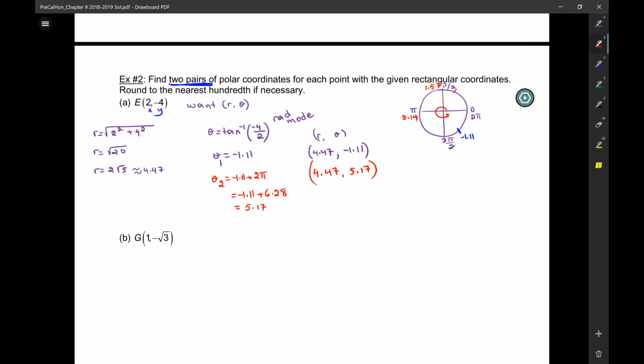So you see how I landed in the same spot. Cool? This is why we did all that stuff in section 1. You can make r negative, but add pi, and so on and so forth. Because I asked for 2 pairs of polar coordinates.